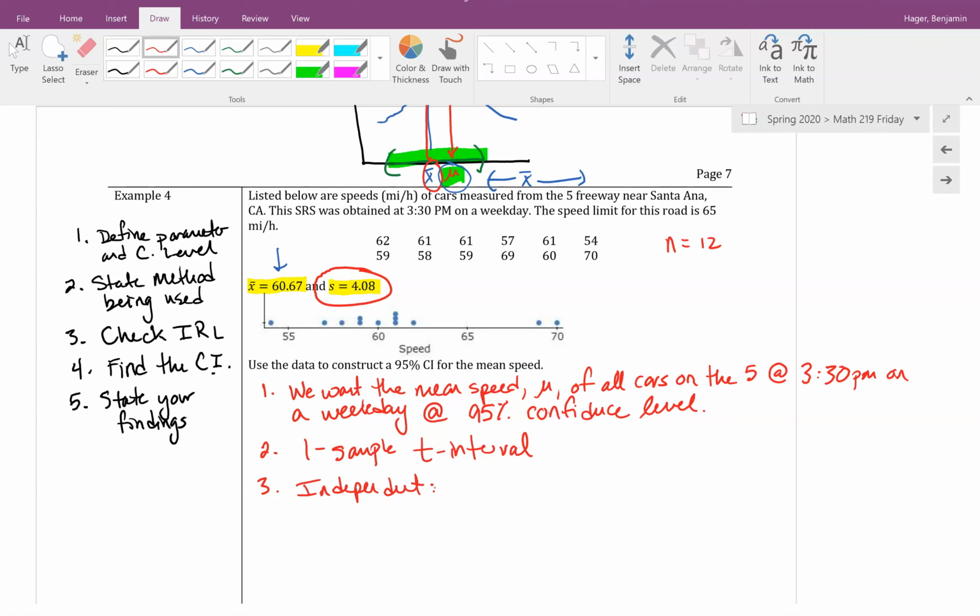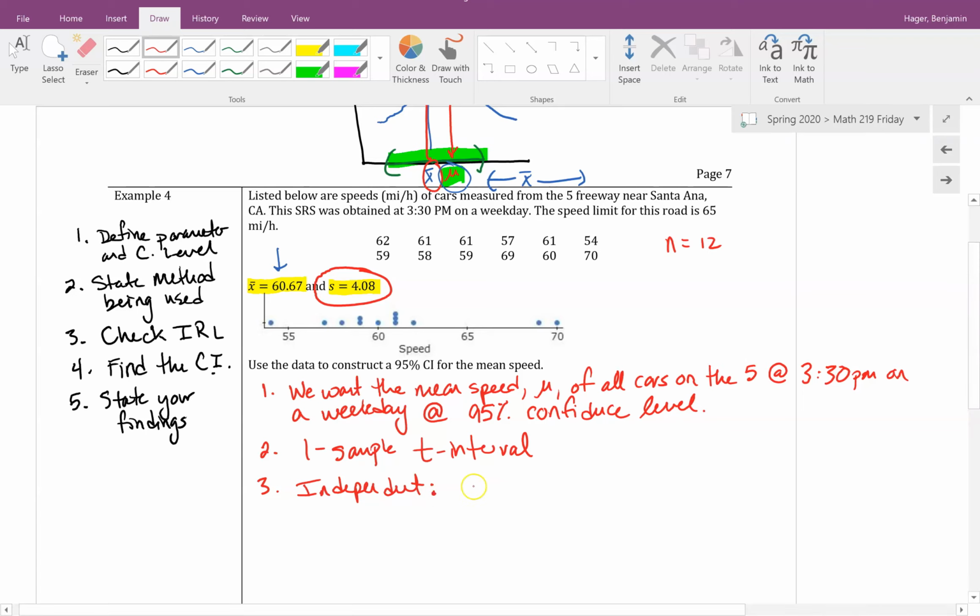But think of the 5% rule. We only have 12 cars. That is definitely, we can safely say that that's less than 5% of all cars on the 5 freeway near Santa Ana. So even though they may not be independent truly, we can treat the mathematics as though they are.